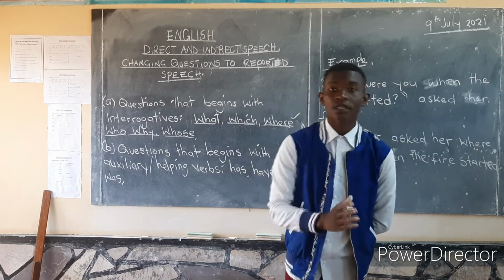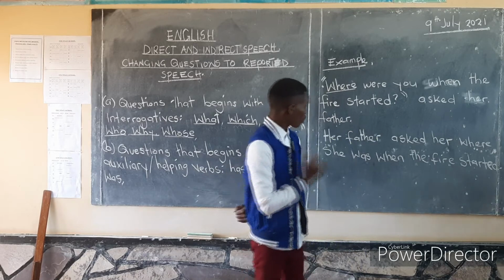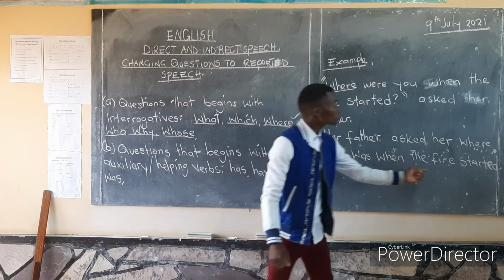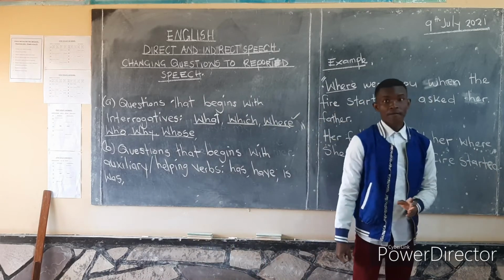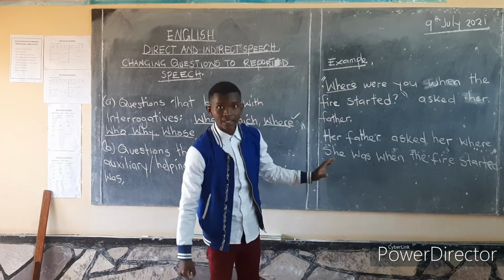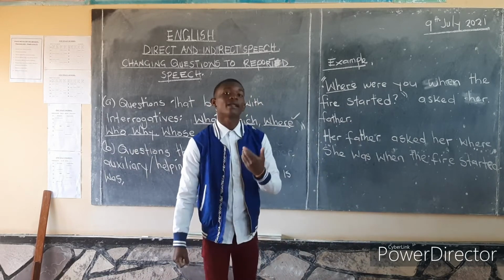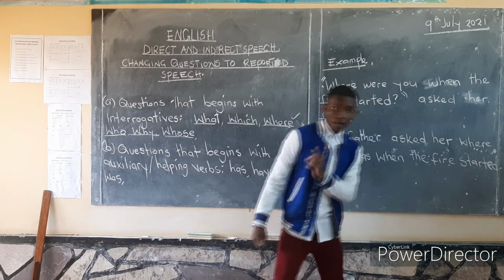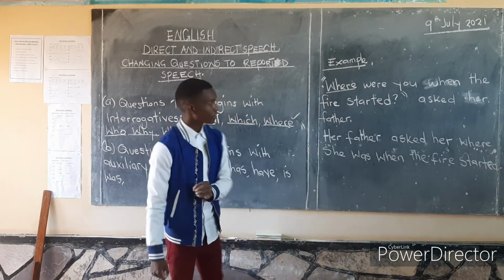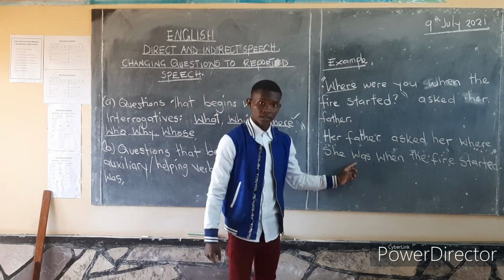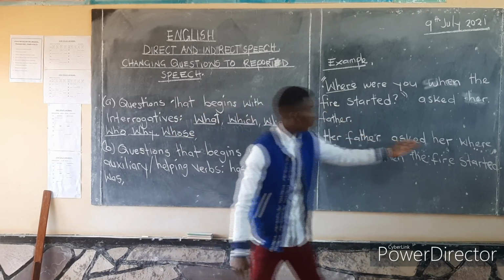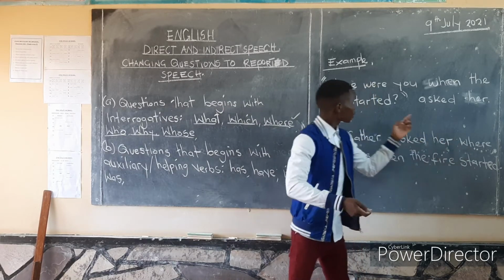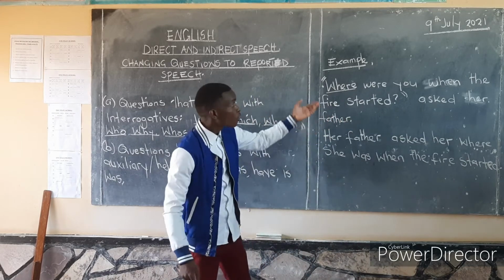So these are some of the things that we should remember. When you change to reported speech, we do not put the question mark, because this sentence does not require an answer. It will carry a full stop. When introducing the spoken words, always start with the interrogative word that is in the question.